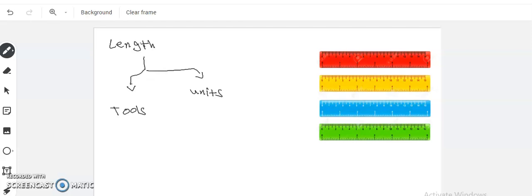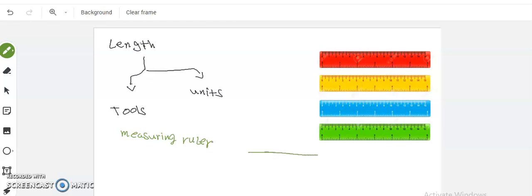Here in this picture, we are dealing with the first tool. This one is a measuring ruler. This measuring ruler is used for measuring small lengths, like what?